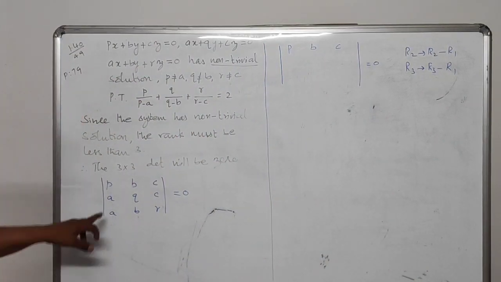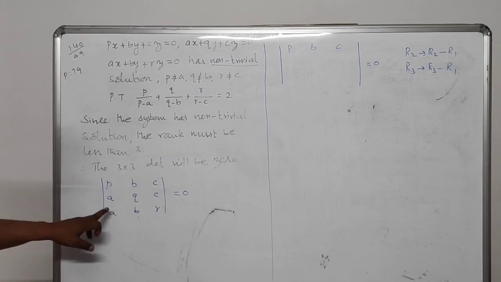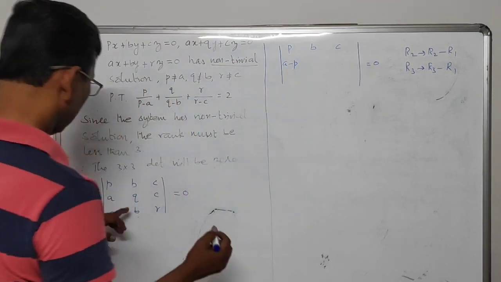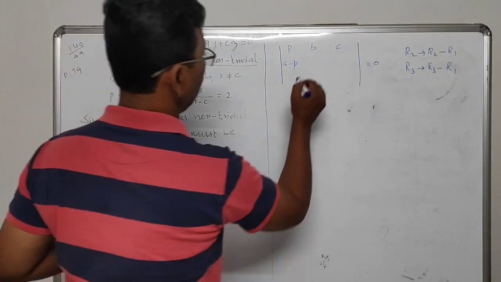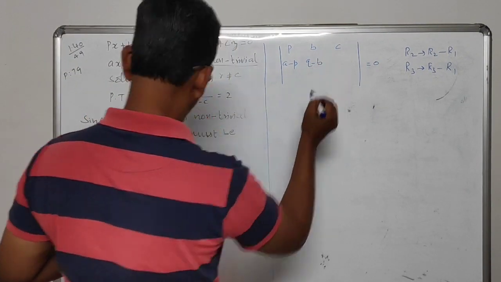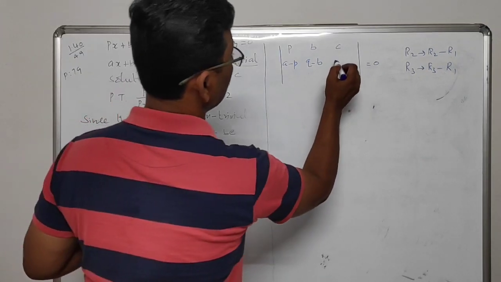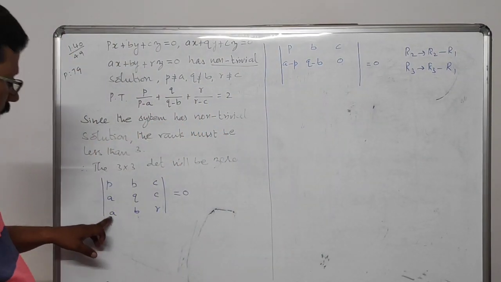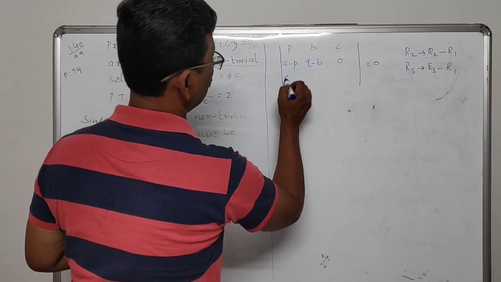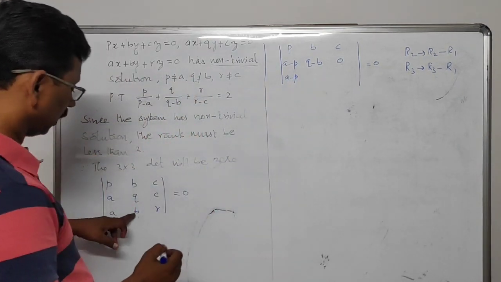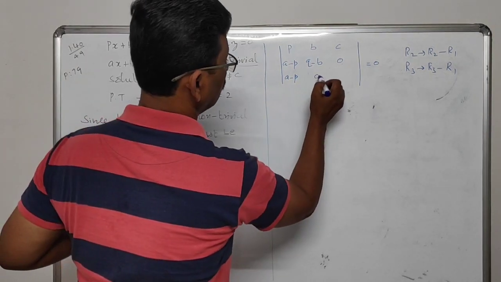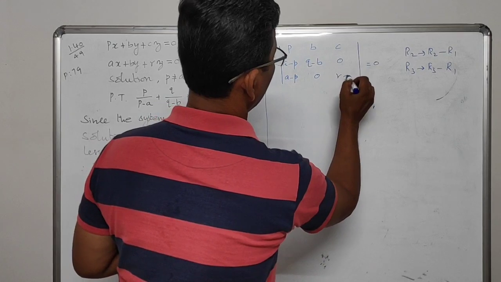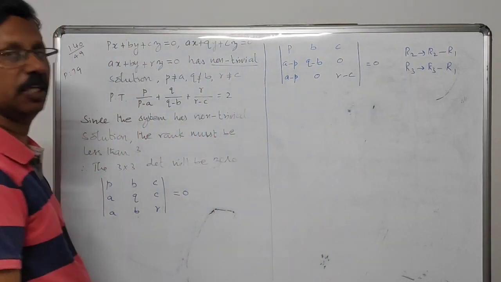R2 minus R1 is a minus p, and this will be q minus b, and this will be c minus c becomes 0. Next we can go for R3 minus R1. This also a minus p, and this is b minus b gives 0. Then this is r minus c. This is not equal to 0.